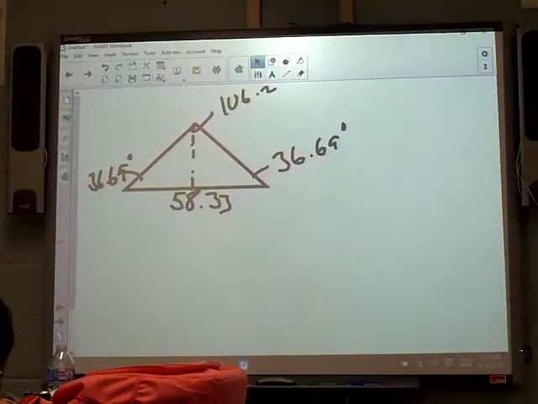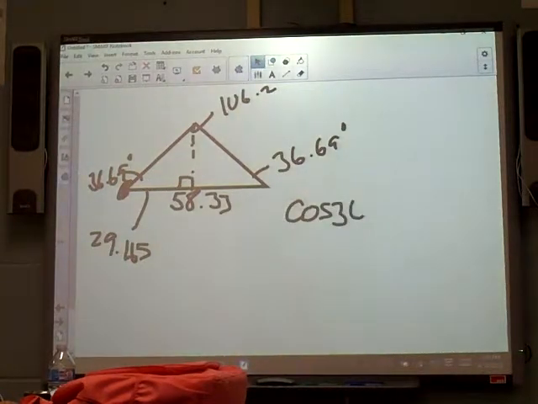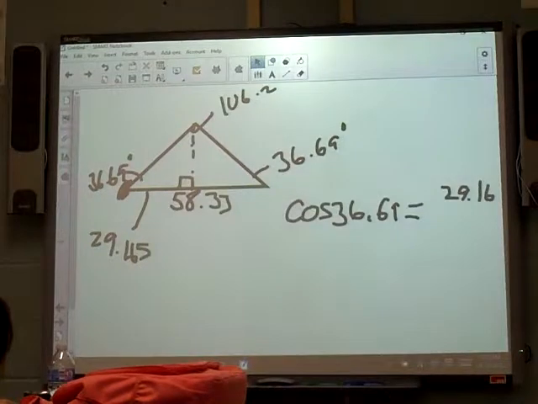Now here is your 90-degree angle on those. When I did that, that took the 58.33 and split it, didn't it? So both of these little sections were 29.165. It says find the length of each of the two equal sides of the triangle. So I've got an adjacent and I need the hypotenuse. That is cosine. So I would say the cosine of 36.69 is equal to adjacent, which is 29.165, over hypotenuse.